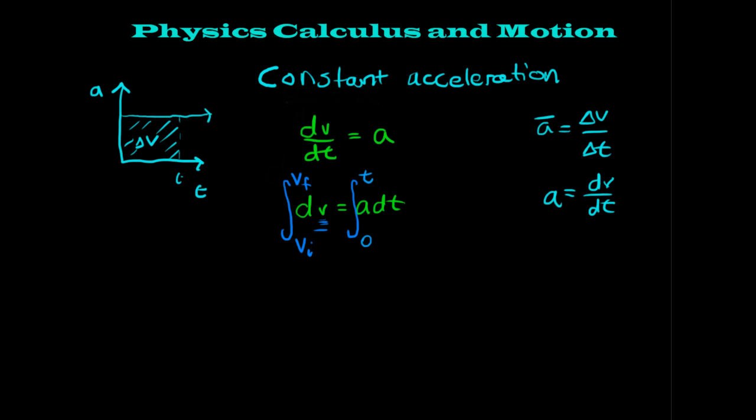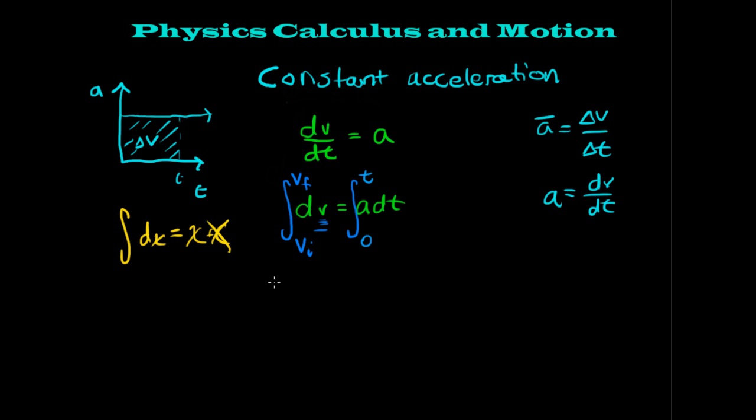Now, if this looks confusing to any of the calc students, if I showed you the integral of dx, you would easily answer x plus c. Keep in mind we're doing a definite integral, so we'll be evaluating at these two points. We won't need this c. But it's the same thing here. It's not any different.